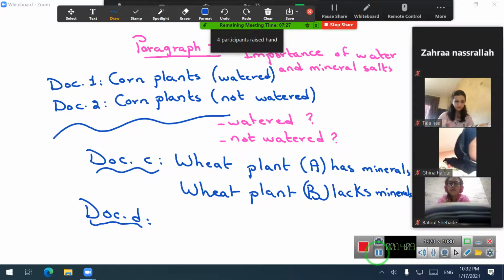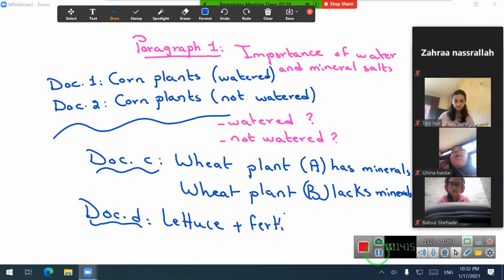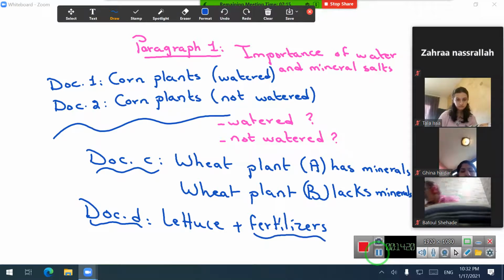So in document D, I have a lettuce plant plus fertilizers. Fertilizers, as we know before, are chemical substances used to improve the growth or development of green plants. This is all about activity 1 and paragraph 1 in our book.